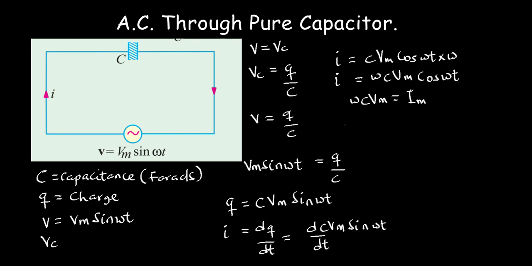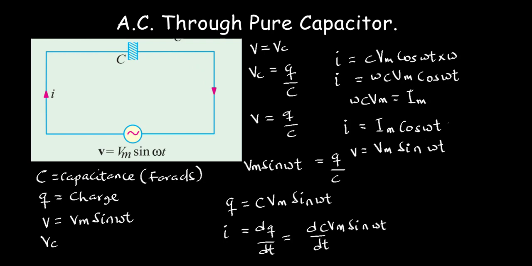So you can write I as Im cosine of omega t. This is what you get for the current, but the voltage is given as V equals Vm sine omega t, and for the current you have cosine. So you can't yet compare the two to see the phase difference.